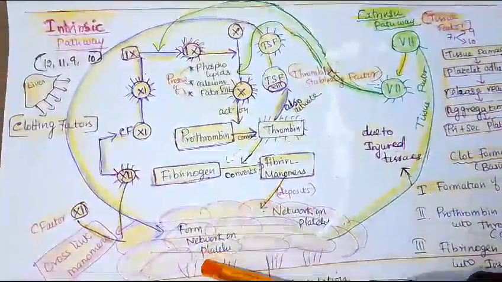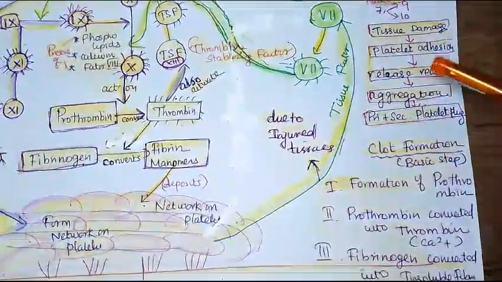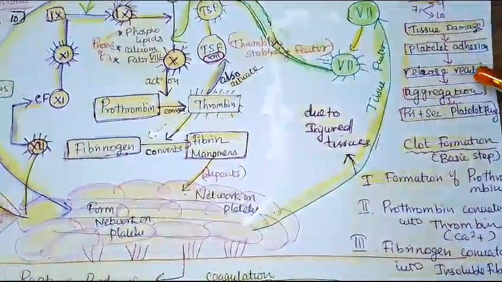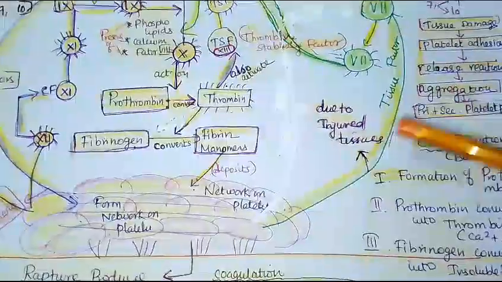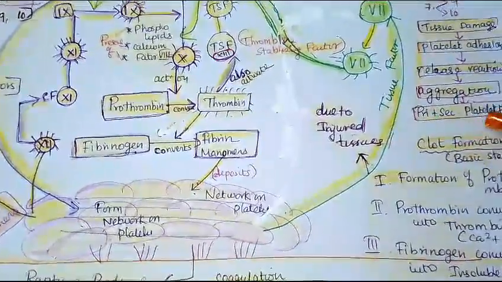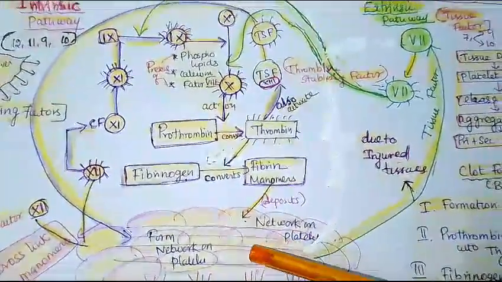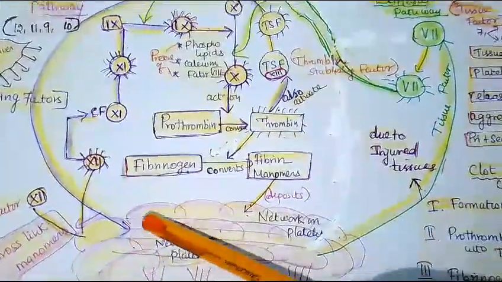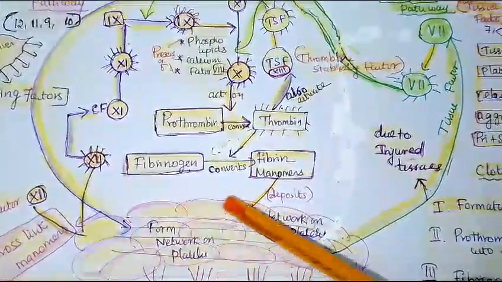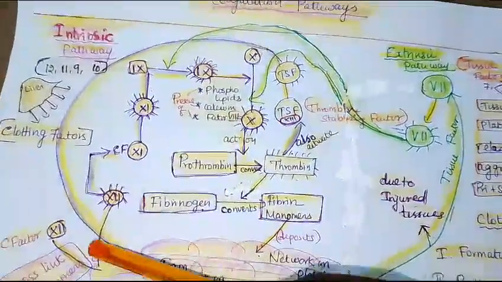When there is damage in the tissue, the tissue damage also stimulates platelet adherence, and a releasing factor comes from the platelet surface, aggregation takes place, and the primary and secondary platelet plugs are formed. So this is more than enough for an injury. The surface of the platelets and the endothelium is enough to stimulate factor 12.